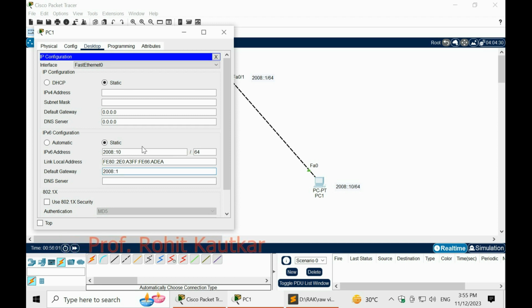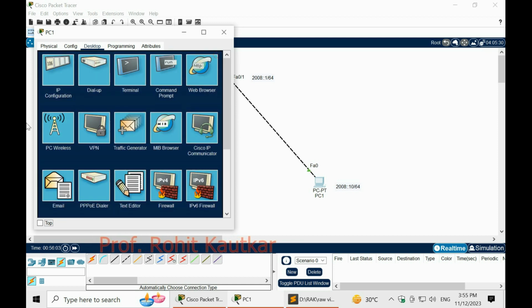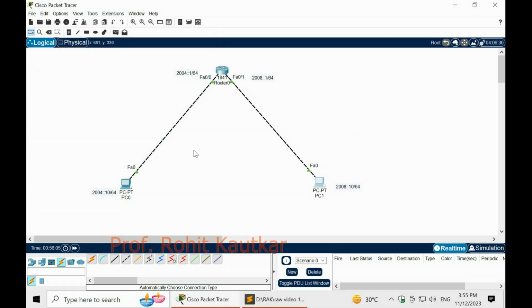So both of the machines we have configured. Now let's try to test by using ping command. So from this machine 2004:10 we will try to ping this second machine, that is 2008:10.